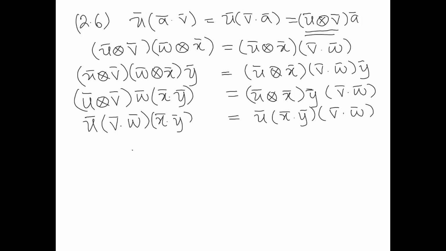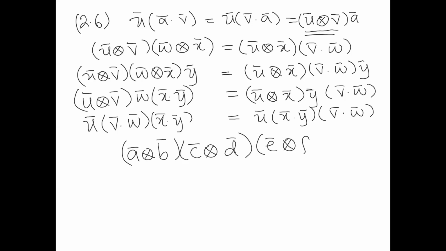If you have dyad A composed with C, composed with E, just as a general formula, this is the same as taking the first vector in the first dyad and the last vector in the last dyad, and composing them as a dyad.